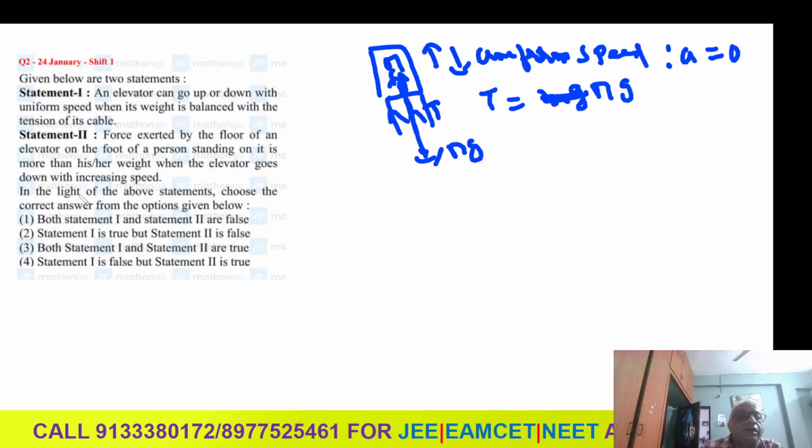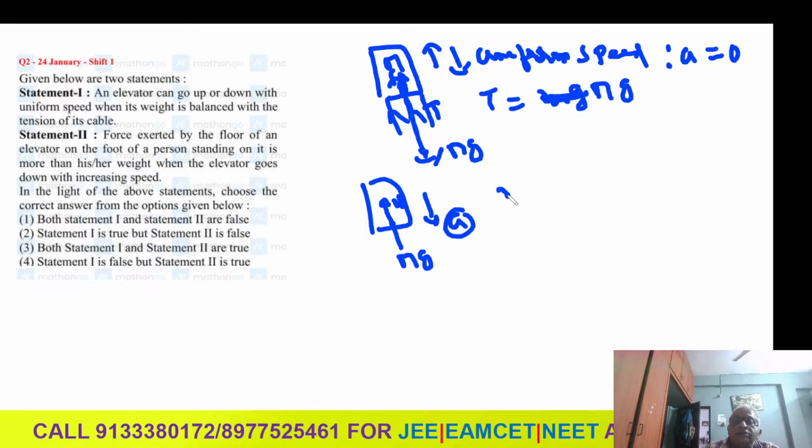That is correct. But what is the second statement? Force exerted by the floor of an elevator on the foot of the person standing on it is more than his weight when the elevator goes down with increasing speed. When the elevator is going down with an acceleration, normal reaction acts upward and weight acts downward.